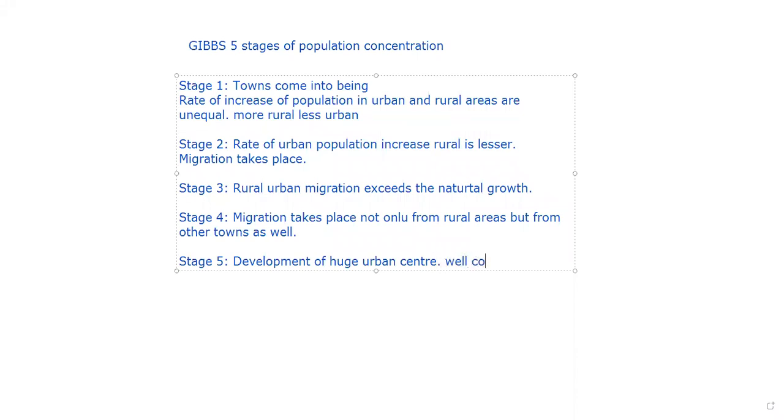That urban center is well connected to all parts of the country, and has high population, and has urban sprawl. Urban sprawl means the spread of an urban area in size.